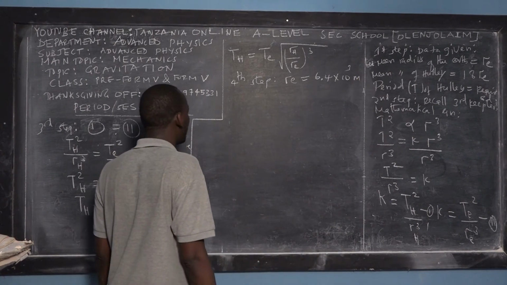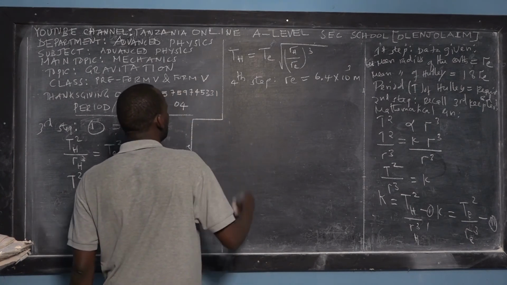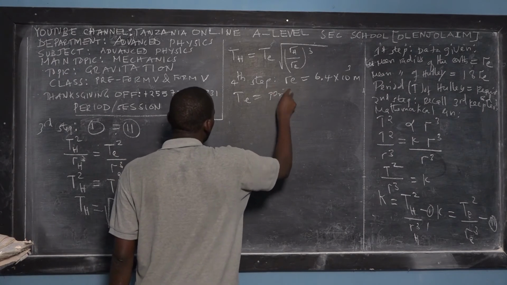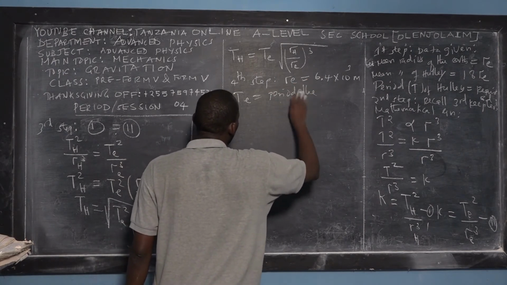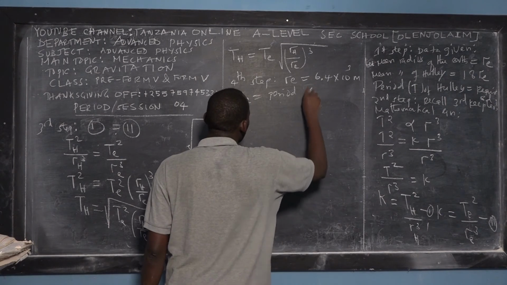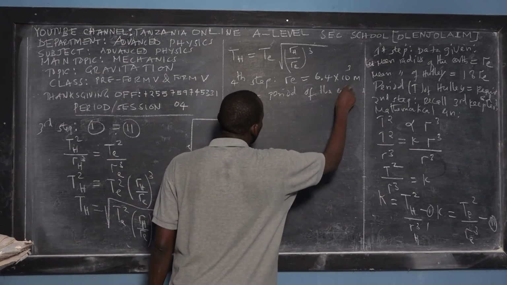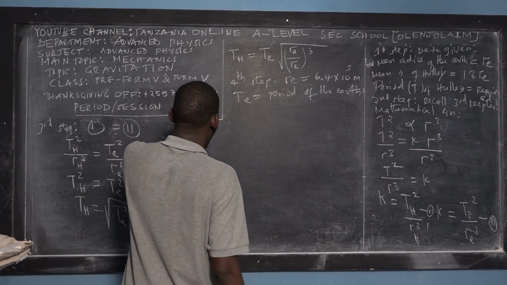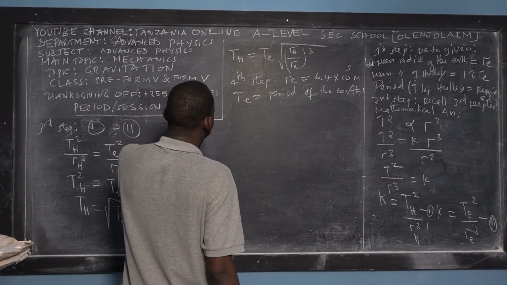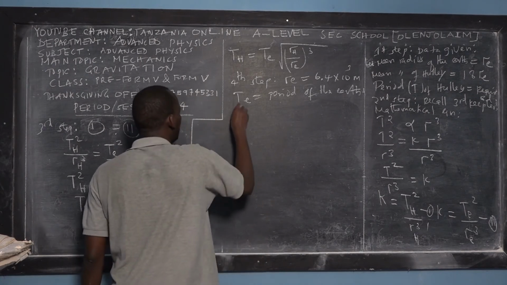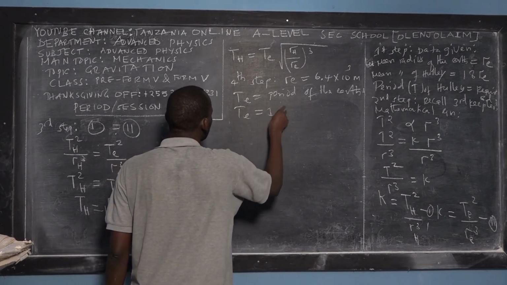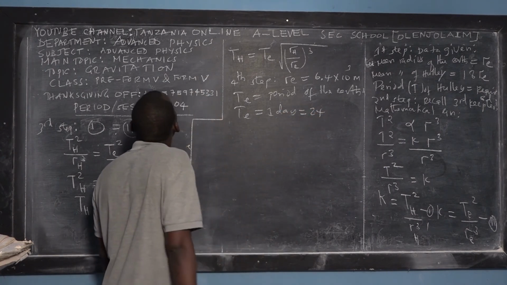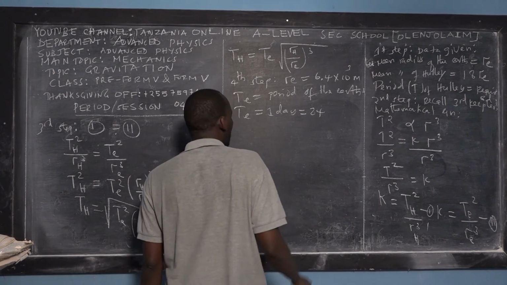Then you have the radius of Halley, it is a multiple of that. But you need the period of the S. Period of the S. And this period of the S is 1 day and 4 hours.